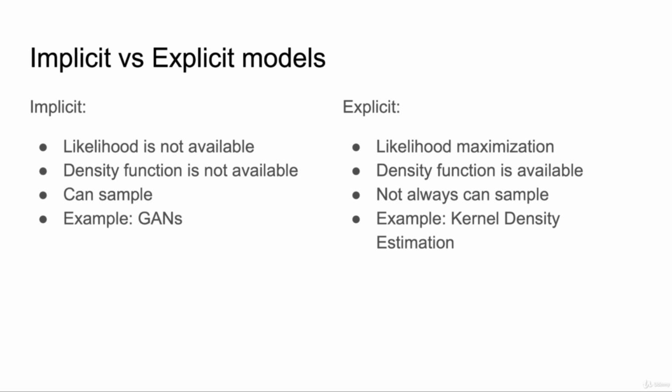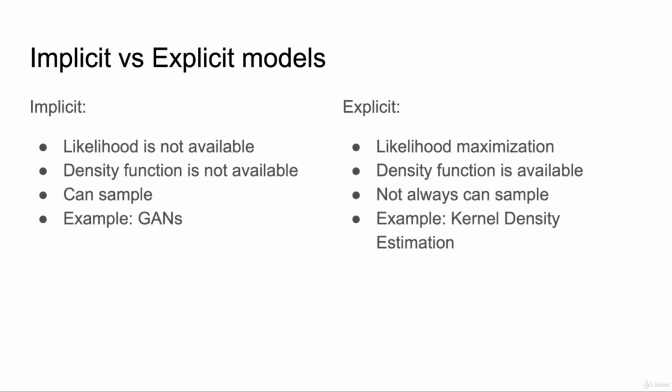Using generative adversarial networks, you can't tell what the likelihood will be and you can't estimate the density explicitly, but you can sample from the distribution and obtain, for example, images that are similar to the images in your training set. And the other type is explicit generative models.